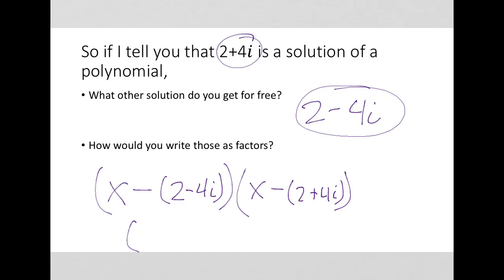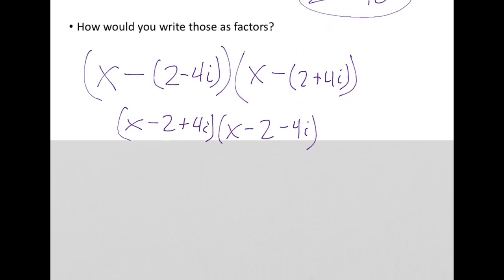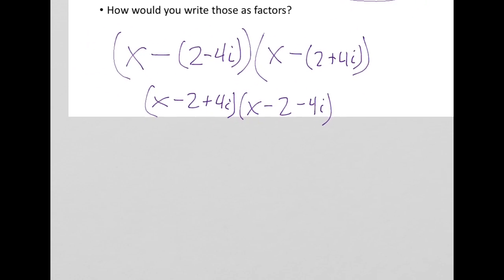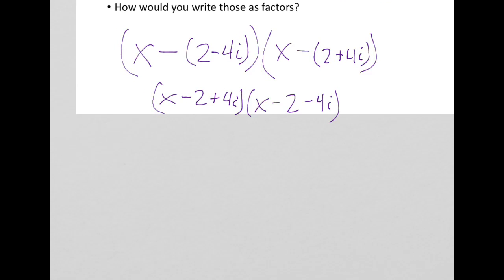And then I can simplify these factors to x minus 2 plus 4i times x minus 2 minus 4i. And that's actually really cool, because check this out. If I know that these are solutions of my polynomial, I could write them as linear factors of my polynomial, and now I can do this.